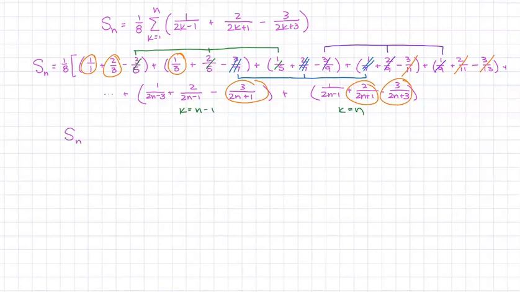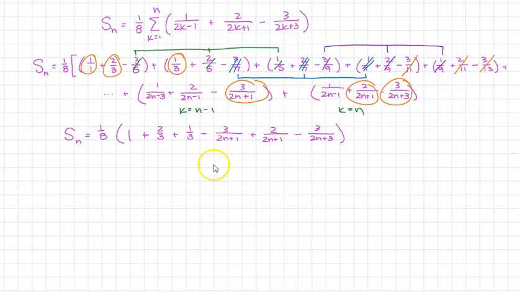So S sub n is 1/8 times 1 plus 2/3 plus 1/3 minus 3 over 2n plus 1 plus 2 over 2n plus 1 minus 3 over 2n plus 3. Making sure I have my minus signs correct, and I do.